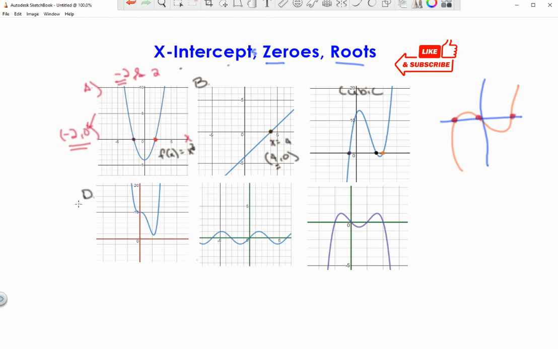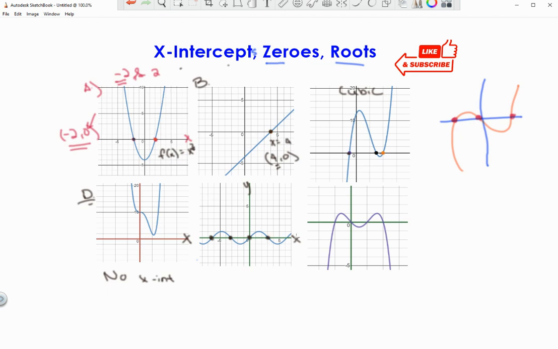Now for letter D, this is a quartic. This is an x to the power of 4 equation. This is your x-axis. Does your graph, the blue one, cross the x-axis? Nope, not really. So this one here, no x-intercepts, okay? No, because it does not really intersect the x-axis. Now, how about this one? This is a sine graph. This is x-axis. This is y-axis. How many times? Well, actually, this is periodic.